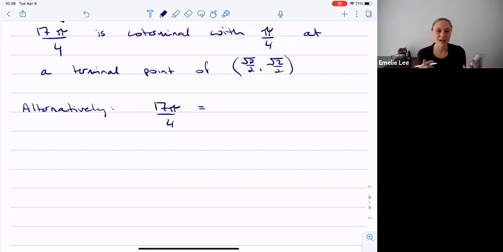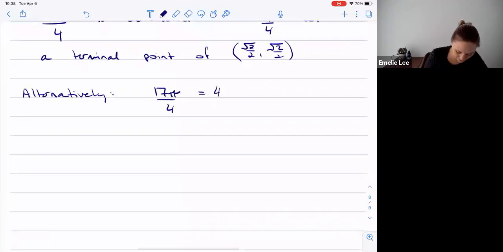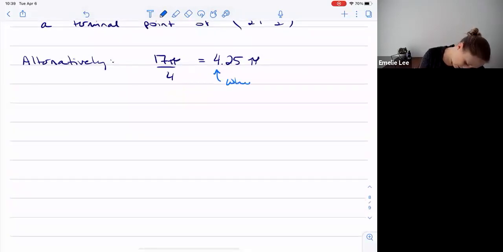That's what we found. Just ignoring that pi, 2 is 1 revolution, so 4 is 2 full revolutions.